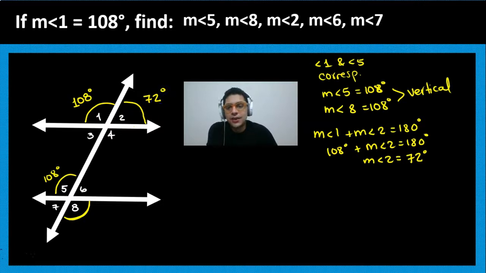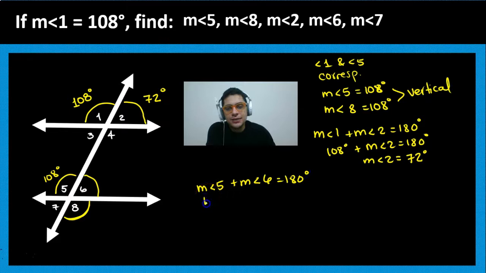Now, we are asked to find angle 6 and angle 7. So there are, again, a lot of ways in which we can do this. But the easiest one is that we can think of 6 and 5 also being supplementary because they're also a line pair, or 6 and 8, they're also supplementary because they're right next to one another in the same line. So we know that the measurement of angle 5 plus the measurement of angle 6 is going to be 180 degrees.